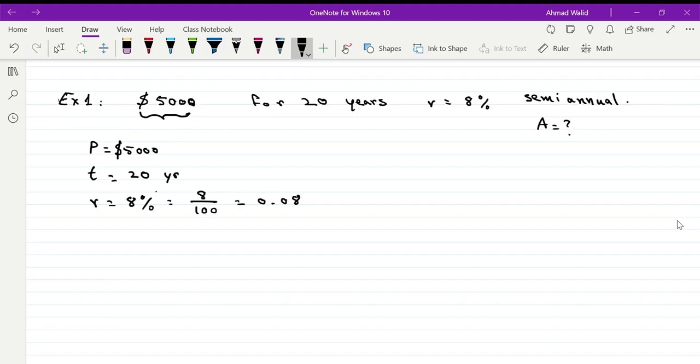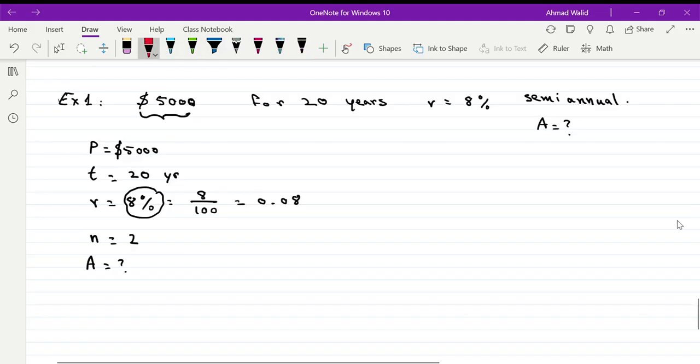You cannot use 8% in the formula. You have to change it all the time to a decimal or a fraction. Usually we prefer a decimal number because in these problems we usually use a calculator. N is given semi-annually, which means 2. Now I'm looking for A: how much will be in the account after 20 years?